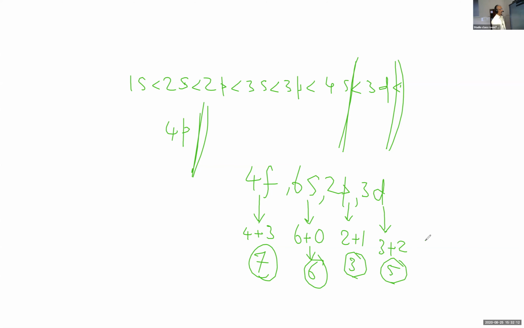Which is having the lowest energy? 2p. So 2p is less than 3d, less than 6s, less than 4f. That is the order of the energies of the various levels given to you.